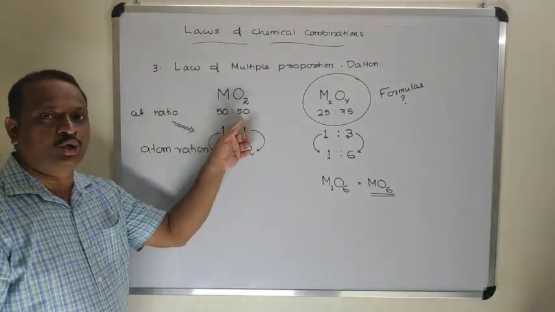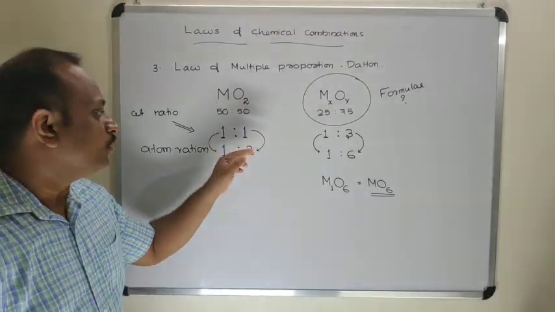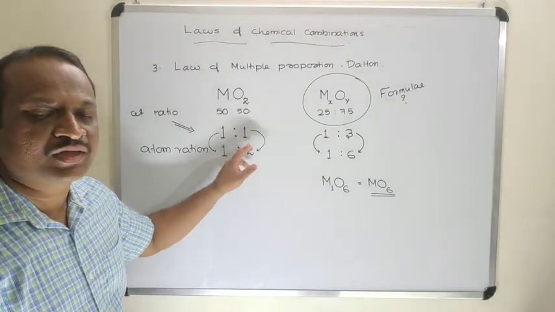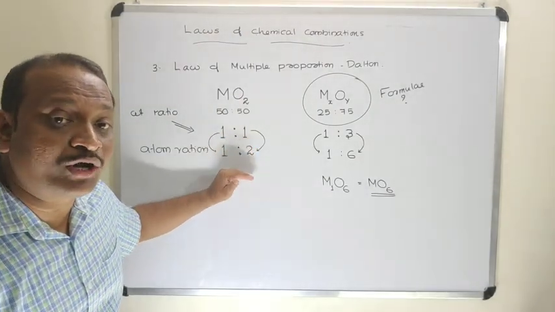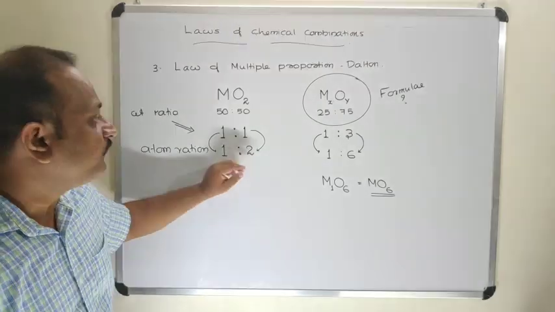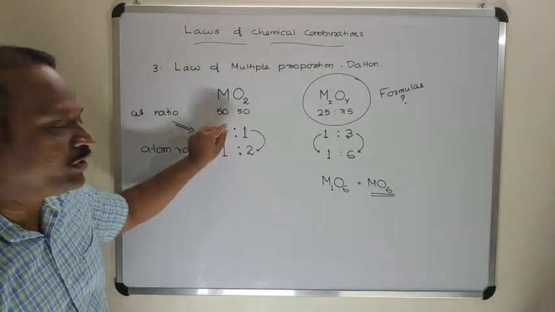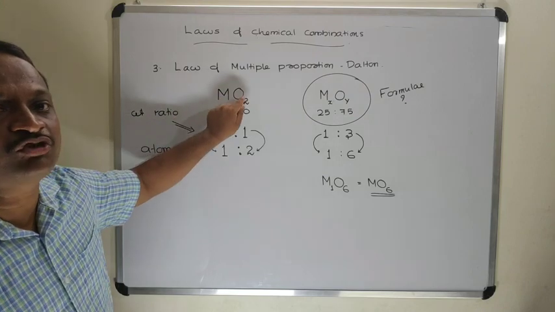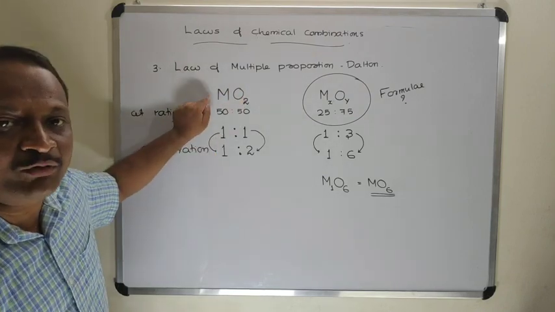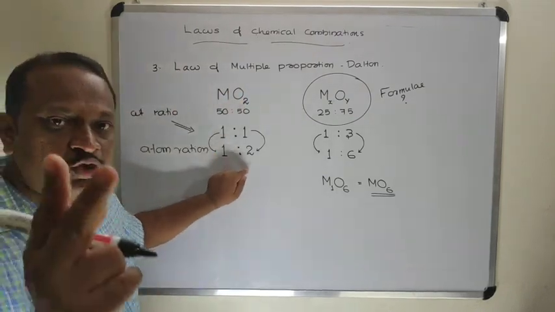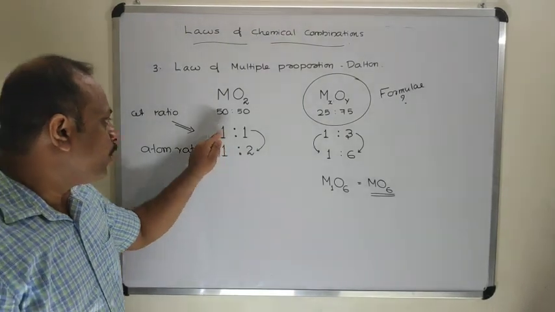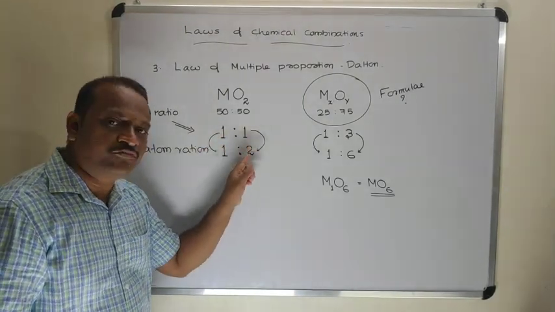What is the weight ratio? 50 is to 50, or you can say 1 is to 1. And what is the corresponding atomic ratio? For this weight ratio, we have the atomic ratio 1 is to 2. Why 1? Because we have only one metal. Why 2? Because we have 2 oxygen. So 1 for 1, 1 for 2.